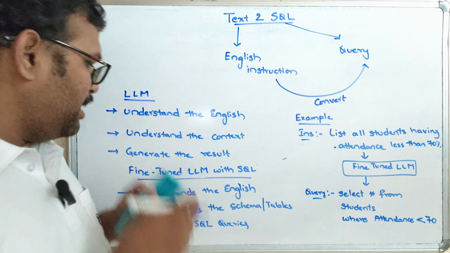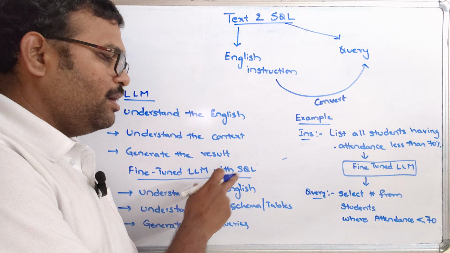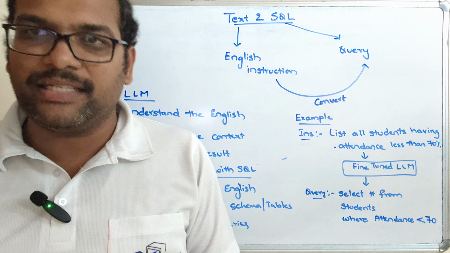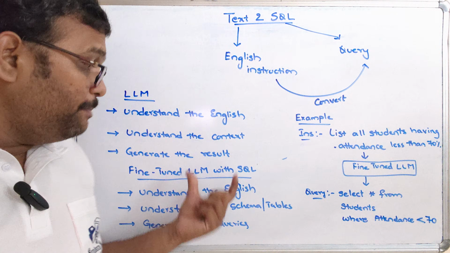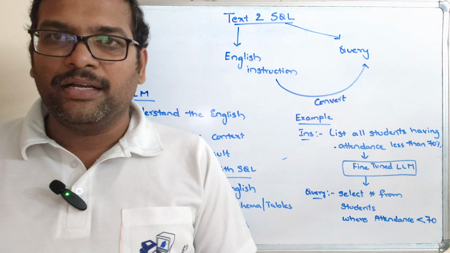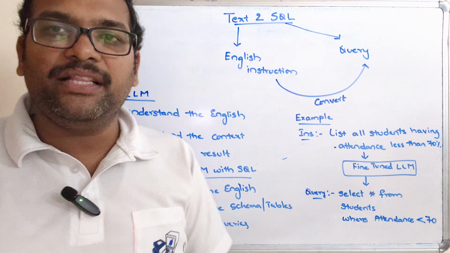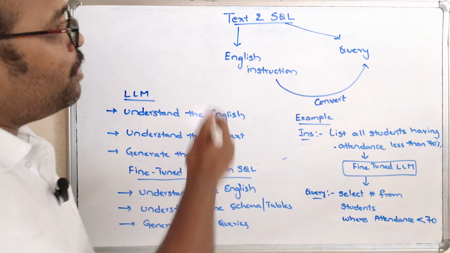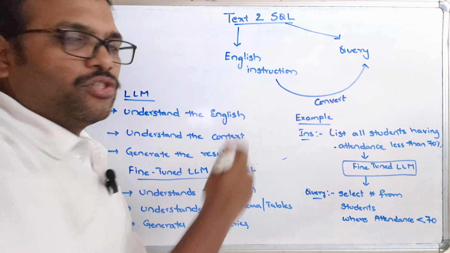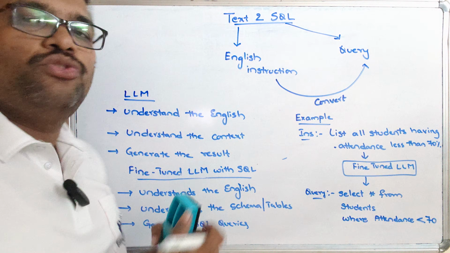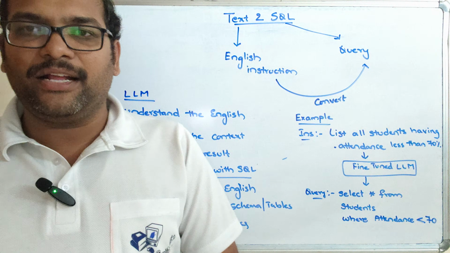In this case, the LLM was trained with massive information regarding SQL examples, so that it becomes an SQL expert, and it will generate the queries based upon the instruction given by the user. So that is called text to SQL: conversion of English instructions to SQL queries to get the data.